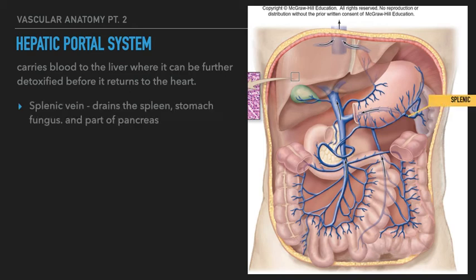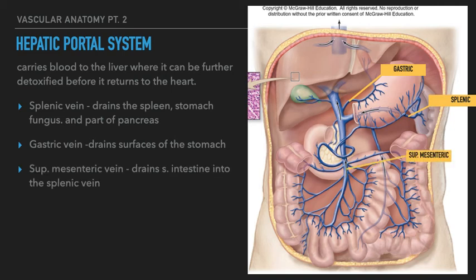So it's going to include the splenic vein, which is a blood vessel that drains blood from the spleen, as well as the stomach fundus and part of the pancreas. You also have the left gastric vein. That's going to carry deoxygenated blood from tributaries draining both surfaces of the stomach. There's also the superior mesenteric vein. This is going to drain blood from the small intestines, basically the jejunum and the ileum.